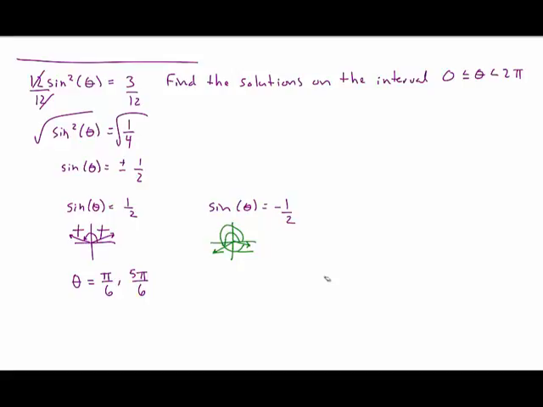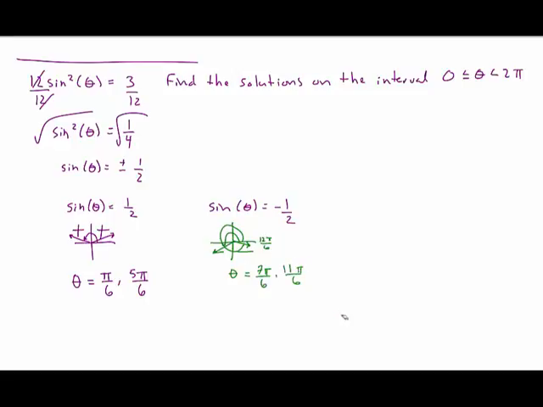So one angle would be 7 pi over 6, because again, here's 6 pi over 6, 7 pi over 6. And then this would be 12 pi over 6 over here. And I have to back off 1 pi over 6 to get down to that reference angle, so that would leave me at 11 pi over 6.